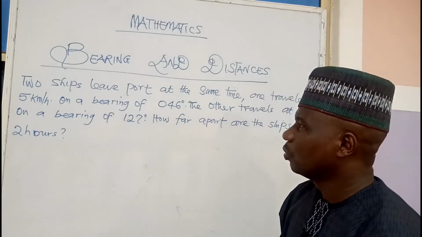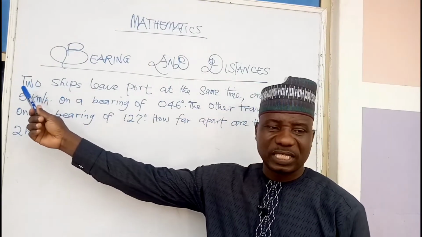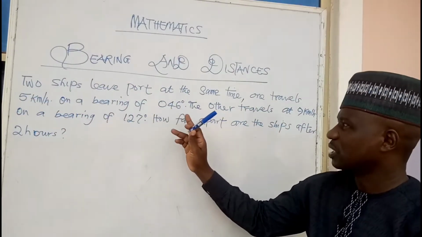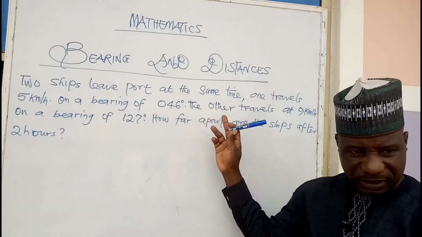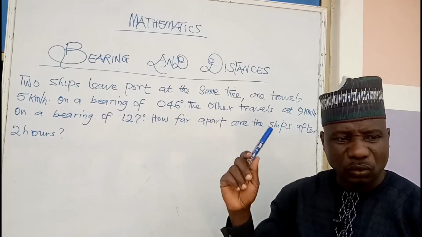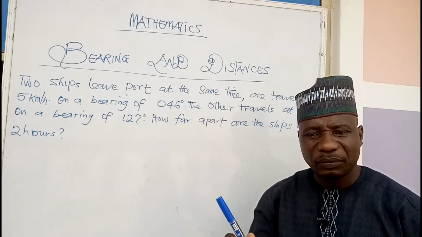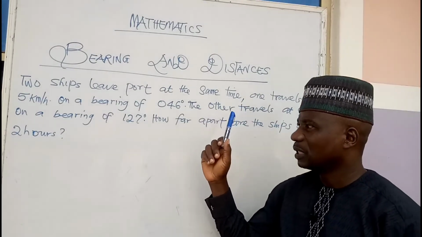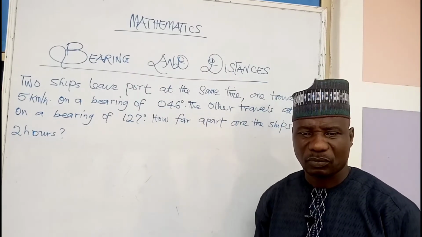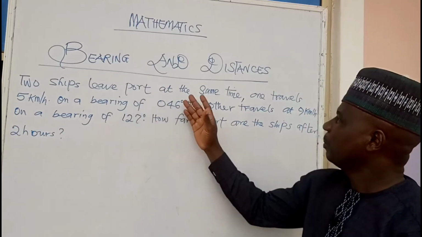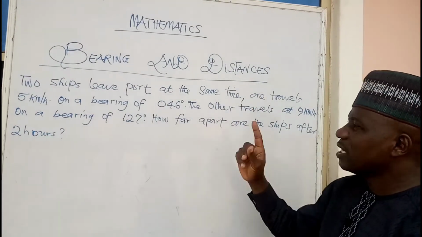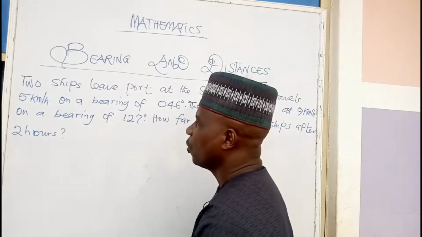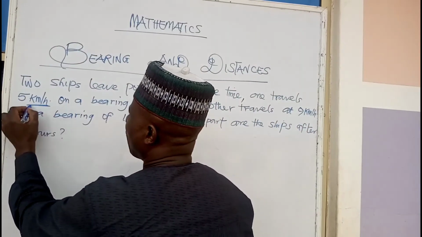And here we go. We have a question that reads thus: two ships leave port at the same time. Get the word. Two ships, they leave port at what? At the same time. Now, they say one travels at 5 kilometers per hour.